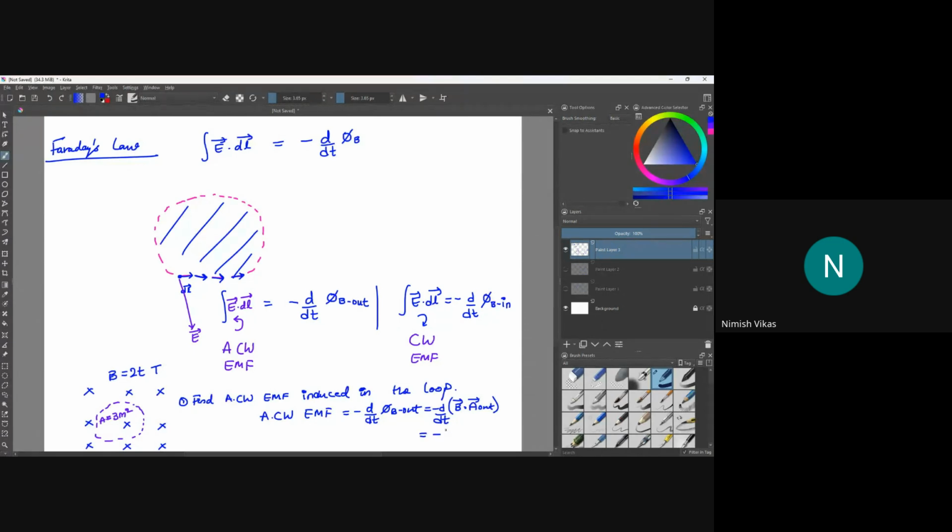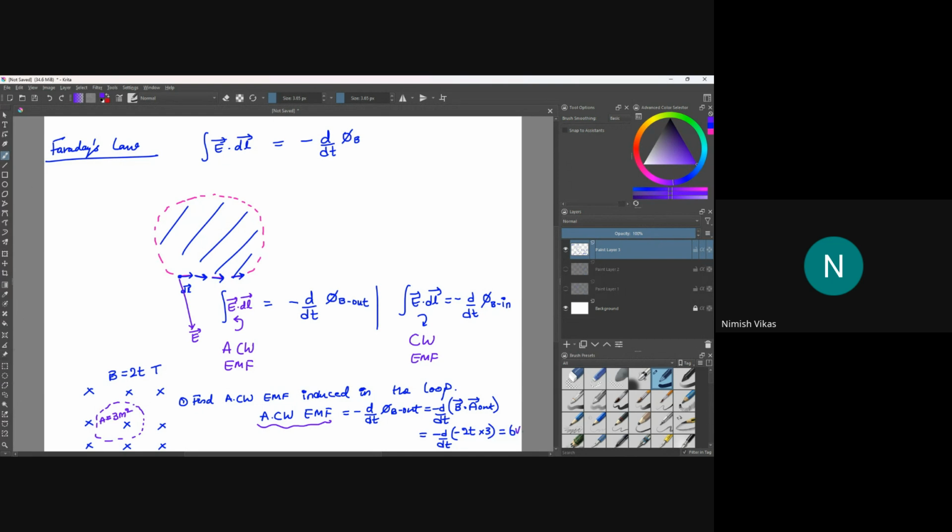So that is minus d by dt of, B vector is inwards, right? And area vector is outwards. So the dot product will be negative. B is 2t and area is 3. If you differentiate that, you'll end up getting 6. So anti-clockwise EMF is nothing but 6. The unit is volt, 6 volt.